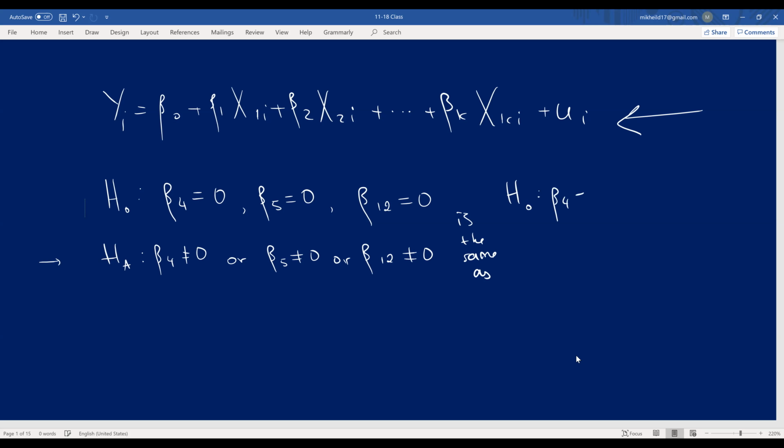Sorry, I have one quick question. Does the H alternative imply that only one, either beta 4 or beta 5 or beta 12, is not 0? Does it mean that maybe all of them are not 0? Could the H alternative be beta 4 and beta 5 and beta 12 are not 0? Good, good.